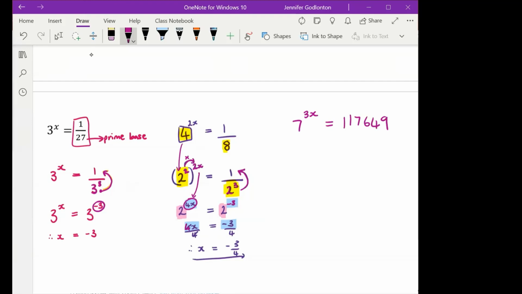So 7 to the power of 3x is equal to 117,649. Let's see how that goes. I know it's a big number, but remember that's why we have our calculators. We literally just put the number in, push shift fact, get our prime base, and we're sorted.